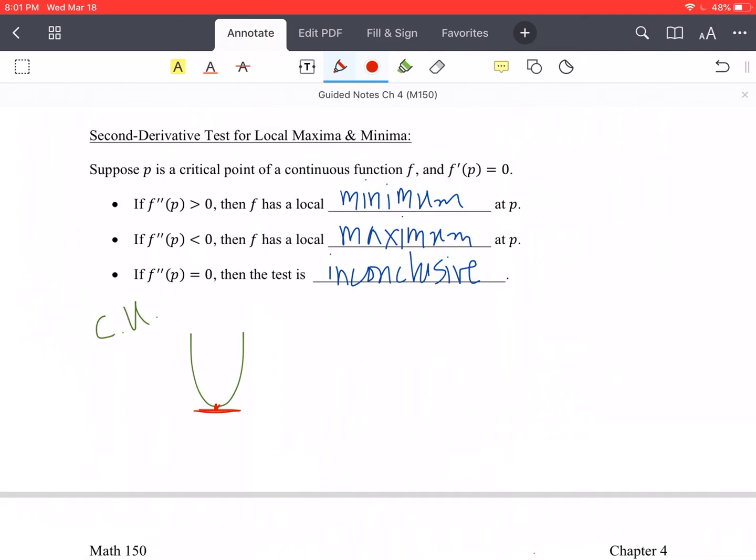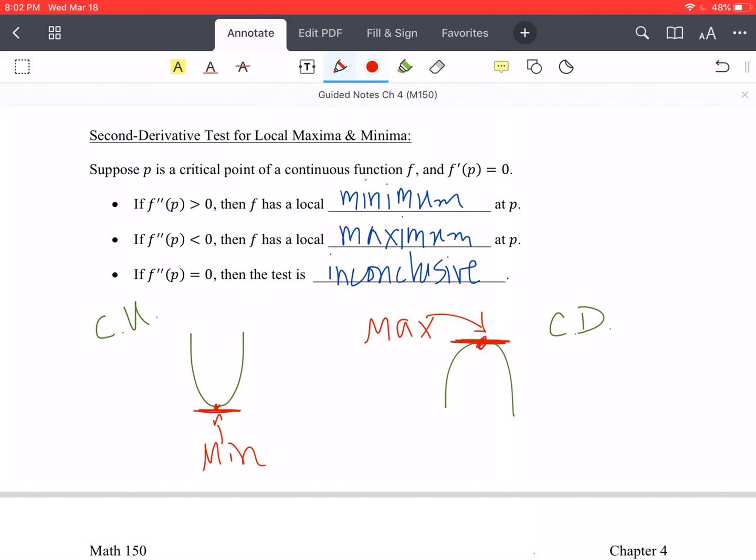That's where our slope is horizontal. So this one is actually going to be a local min. Whereas when the graph is concave down, now the critical point, that 0 slope, is up here at the top. And so that one is going to be a max.